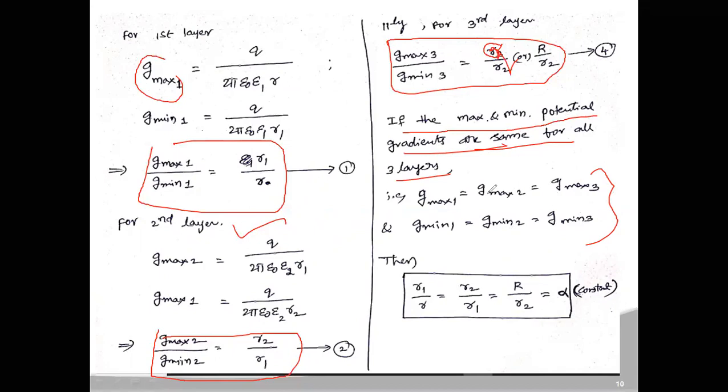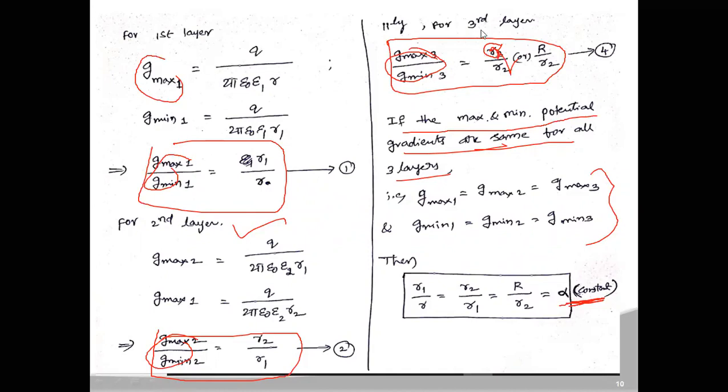If this condition is given, then from all three equations 1, 2, 3, you can say that R1 by r is equal to R2 by R1 is equal to capital R by R2, which is equal to alpha, a constant value. That means this ratio will be the same for all layers.